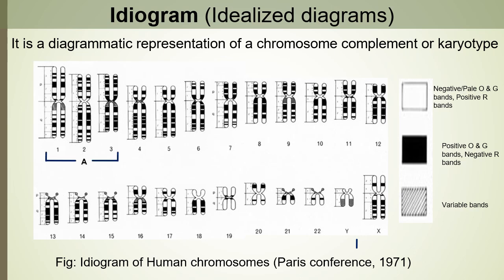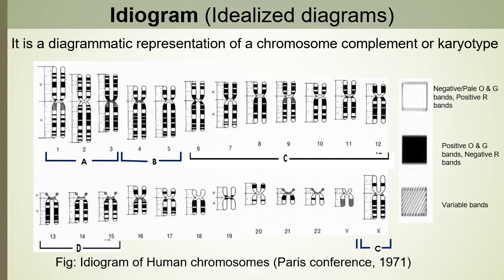Here chromosomes 1 to 3 belong to group A, 4 and 5 belong to group B, chromosomes 6 to 12 and X chromosome belong to group C. Chromosomes 13 to 15 belong to group D. Chromosomes 16 to 18 belong to group E. Chromosomes 19 and 20 belong to group F. Chromosomes 21, 22 and Y belong to group G.